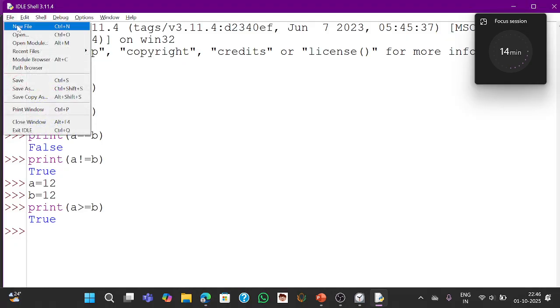So I'll open a new file. Now let's say I have two values, A is equal to 10, B is equal to 5. Now here in print, I have two statements. Let's say, is A greater than B and is A equal to B? Now, if you see the statement, I have written two relational operations.